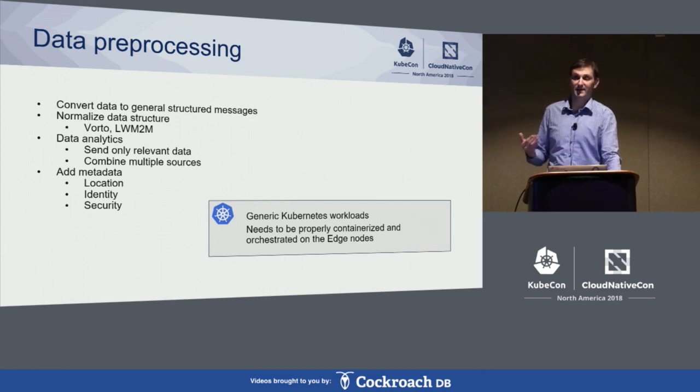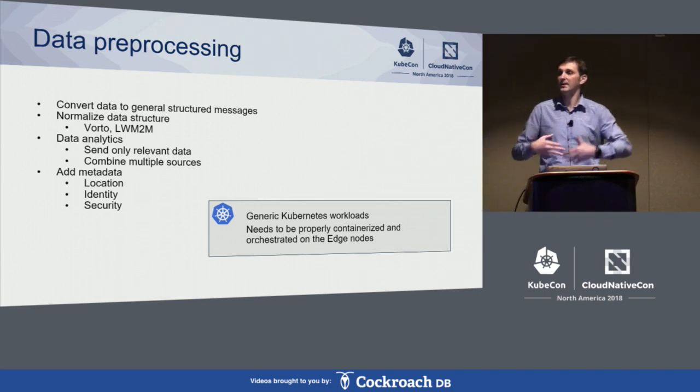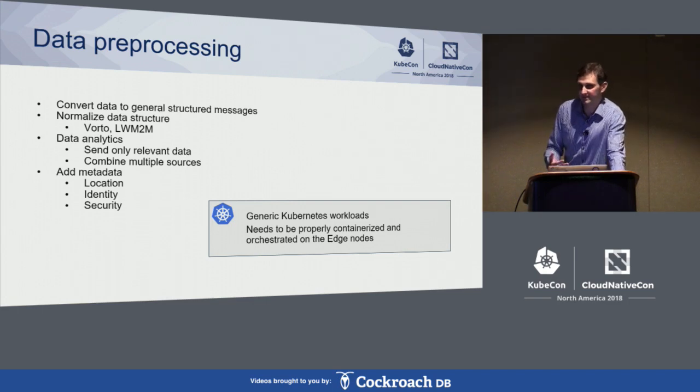You want to send an event when the temperature actually changed. So these kinds of workloads also belong closer to the edge, trying to filter vast amounts of data and create meaningful events that are actually useful for the cloud applications. So that's something that people usually want to move closer to the edge.